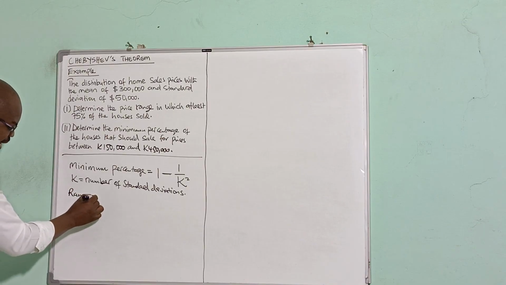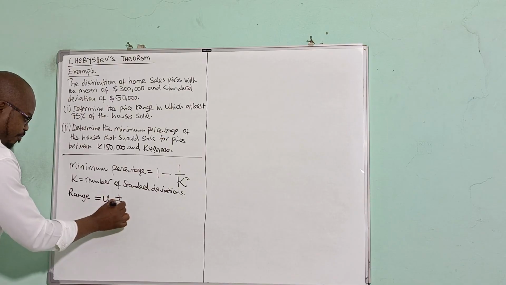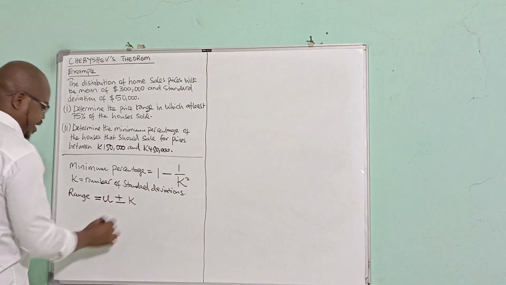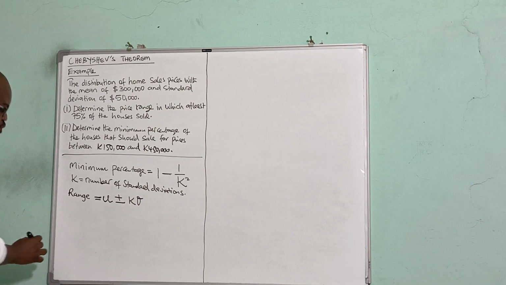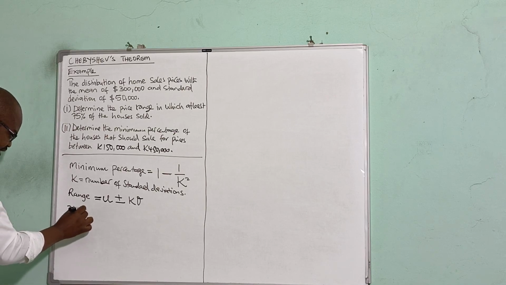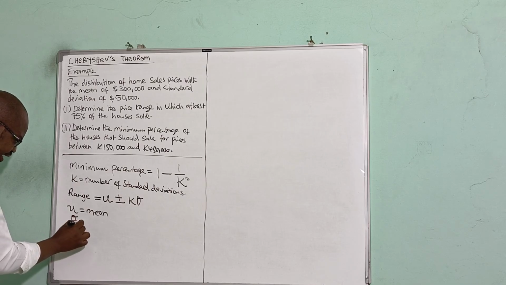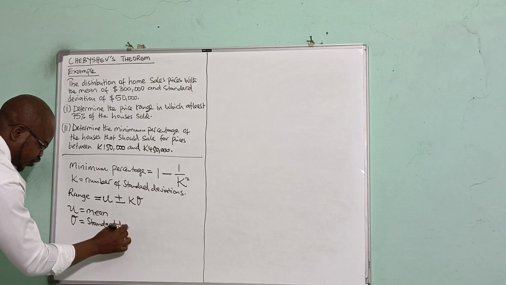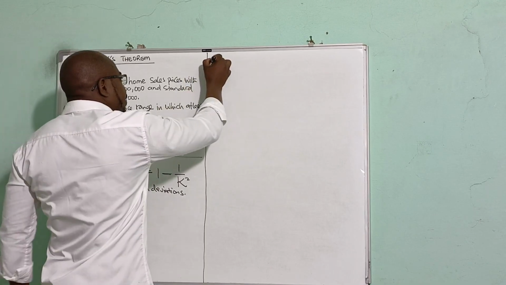Range is given by mean plus or minus k, the number of standard deviations, multiplied by the standard deviation, where mu is the mean, k is the number of standard deviations, and sigma represents the standard deviation.